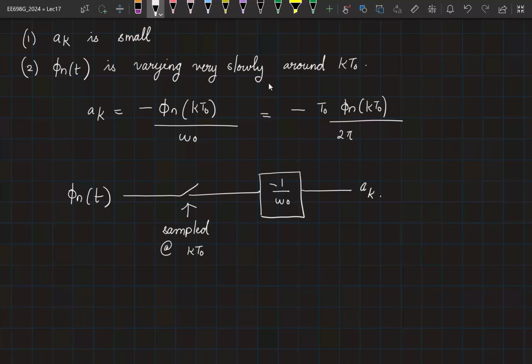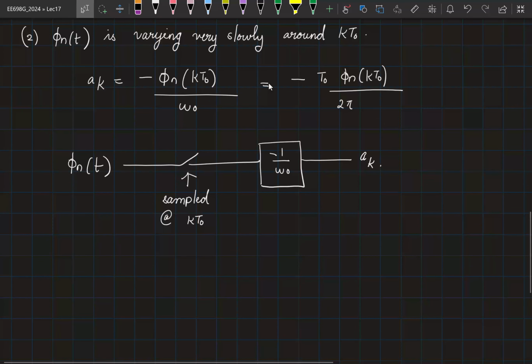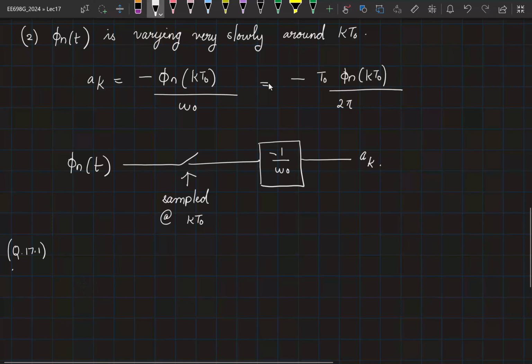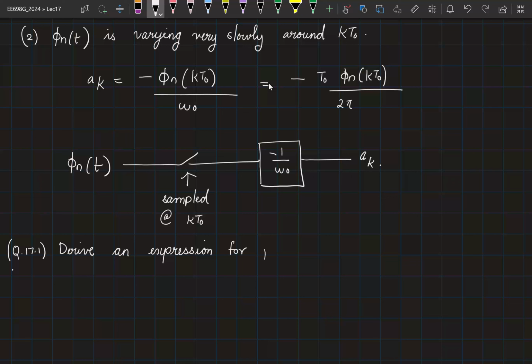This is okay? So then here is a homework for you. You have to derive an expression for the period jitter Pk in terms of phi n of t.